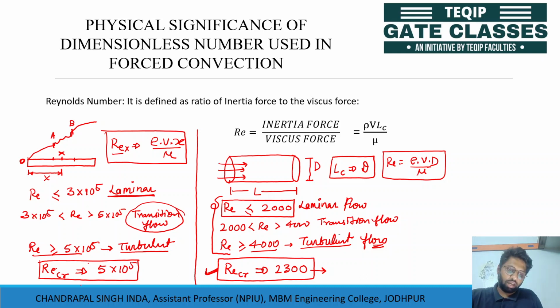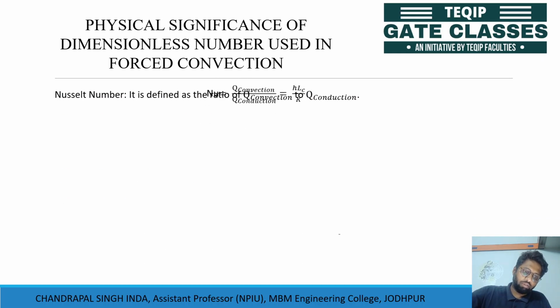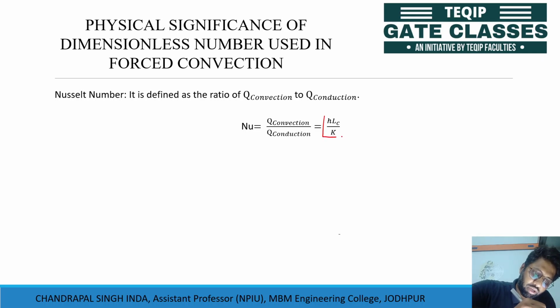Let's look at another dimensionless number, which is the Nusselt number. The Nusselt number is a ratio of Q convection, meaning heat transfer through convection, to the heat transfer through conduction. So the Nusselt number is equal to HL upon K. How?